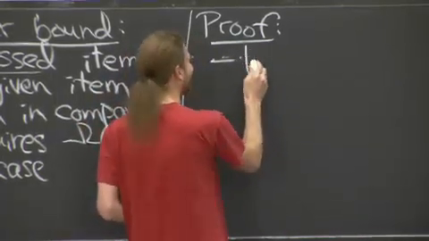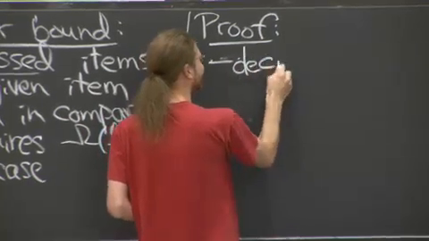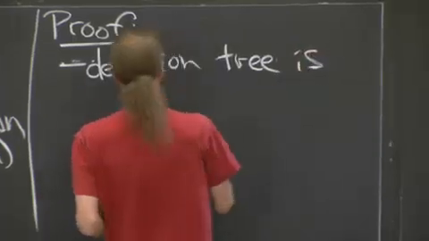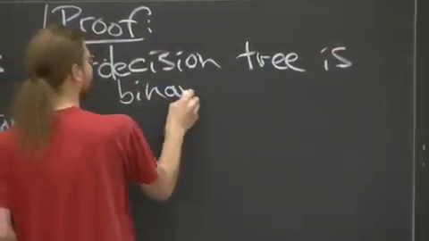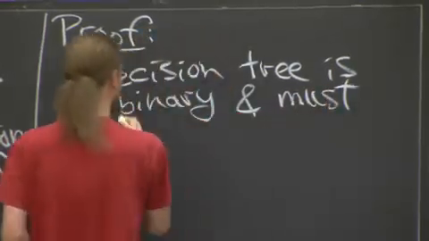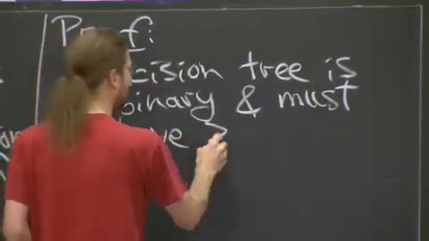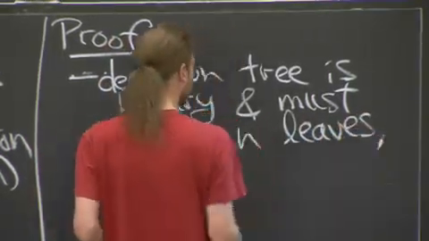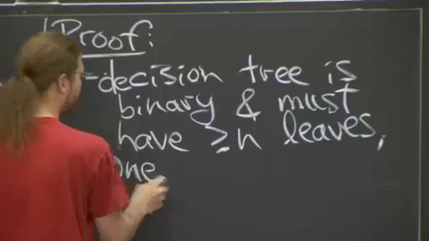All right. So decision tree is binary. That was the first thing. And it must have at least n leaves, one for each answer.